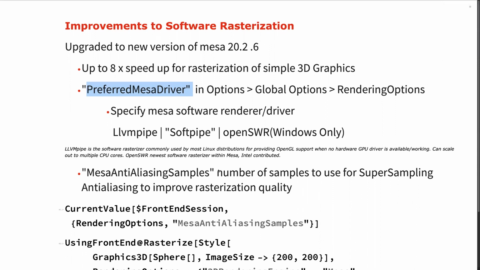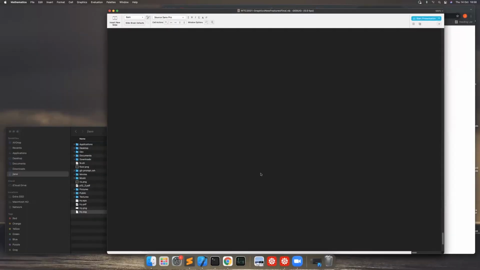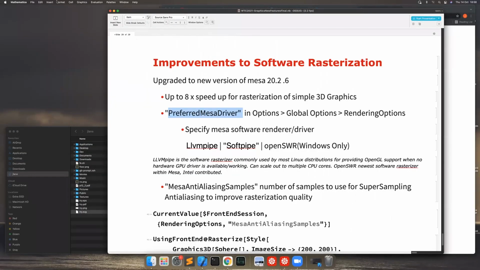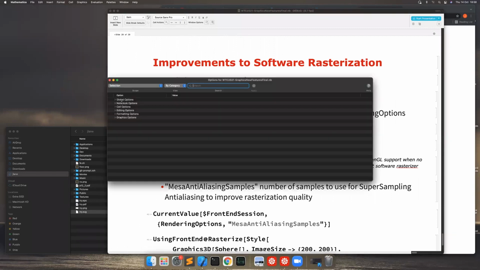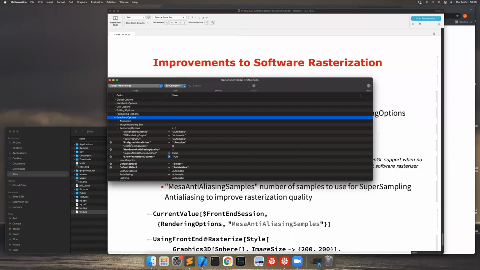I'm going to, in presentation, just show you where to find that. If you go to Format, Option Inspector, and go to Rendering Options, you would find this option called Preferred Mesa Driver, and there you can specify if you want to use OpenSWR, LLVMpipe, or softpipe.